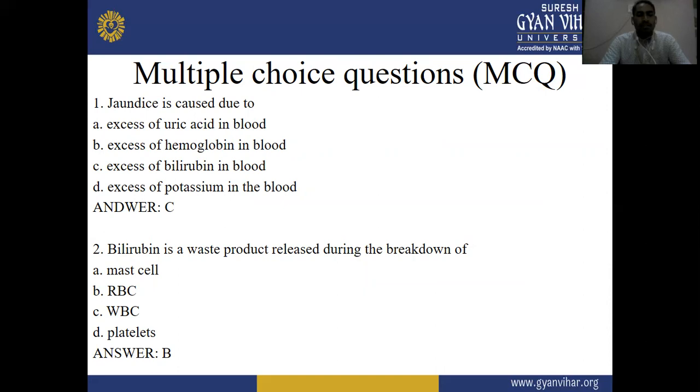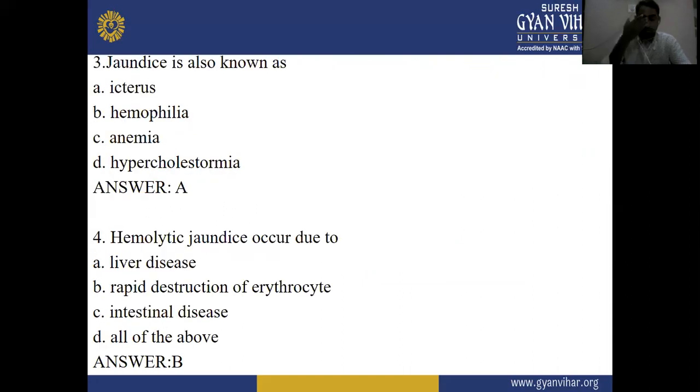The answer is B. Bilirubin is a waste product of red blood cells, released during the breakdown of RBC, erythrocytes.